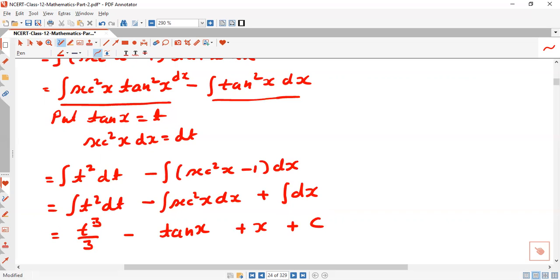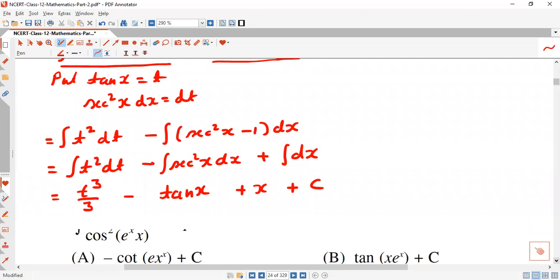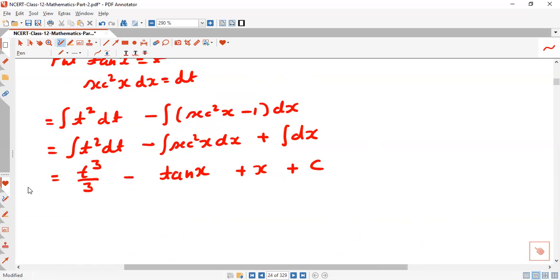Now put the value of t, t equal to tan x. Just put the value of t here and you will get the answer: tan cube x divided by 3 minus tan x plus x plus c.